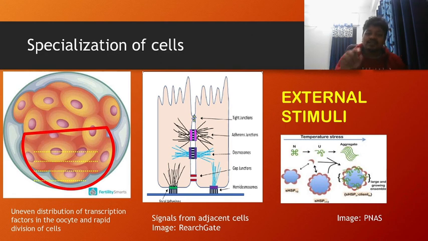In external stimuli also, the stimuli come from another part of the body. There are receptors present in the cell membrane. Cell membranes capture those proteins and get a signal. They then send this signal via the cytoplasm. Carrier proteins come into the nucleus, they regulate the gene, and the body then functions accordingly.